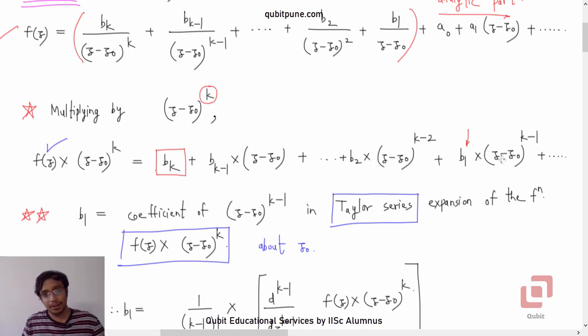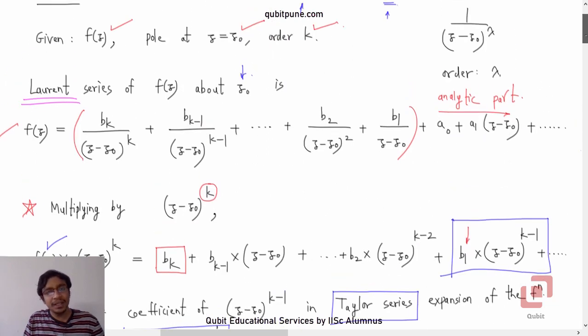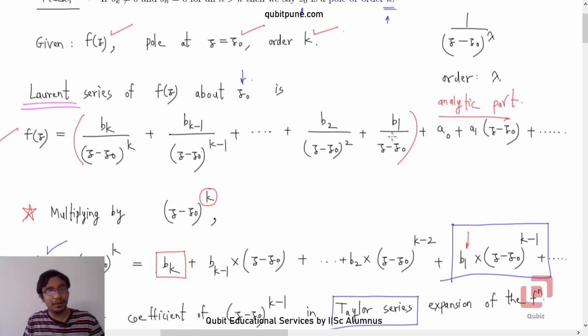Now this particular b1 is not the first coefficient or the second coefficient, it is the coefficient of (z minus z naught) to the power k minus 1. Observe that initially the power accompanying b1 was (z minus z naught) to the power minus 1, but due to the multiplication by (z minus z naught) to the power k, the power in the b1 part became k minus 1.